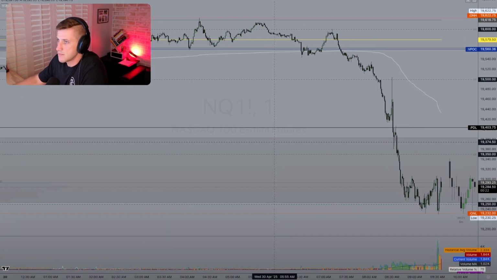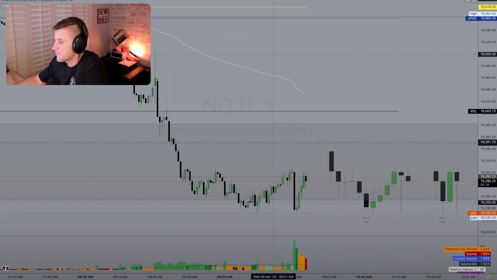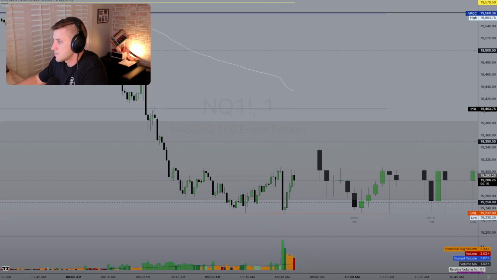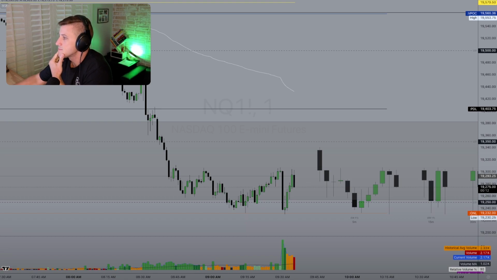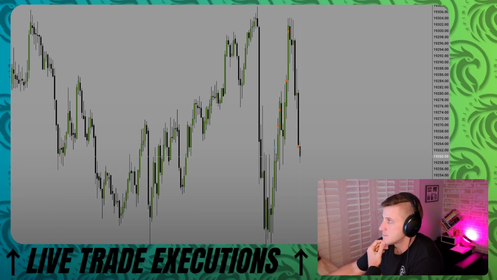See, session volume point of control probably getting ready to shift here in another minute or two. And there's the trail. There is the trail.